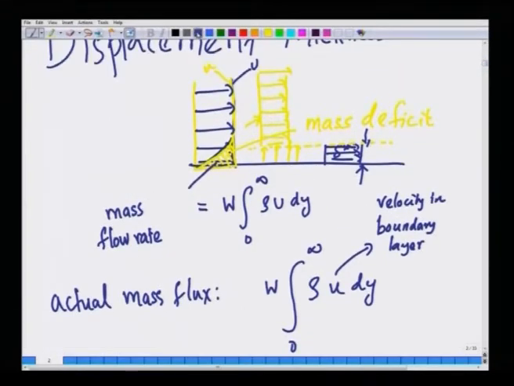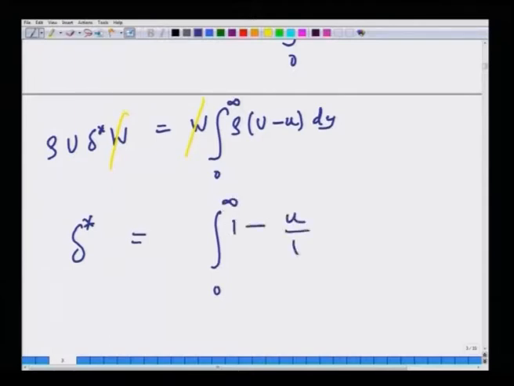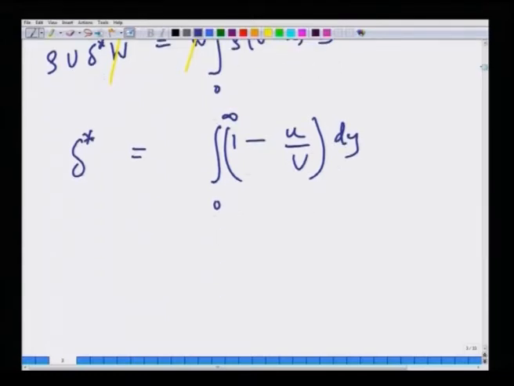Now, we are equating this deficit to this deficit, thereby obtaining a definition of delta star. So, delta star, and sure enough there is a w here which will cancel on both sides, is nothing but integral 0 to infinity (1 minus u by capital U) dy.